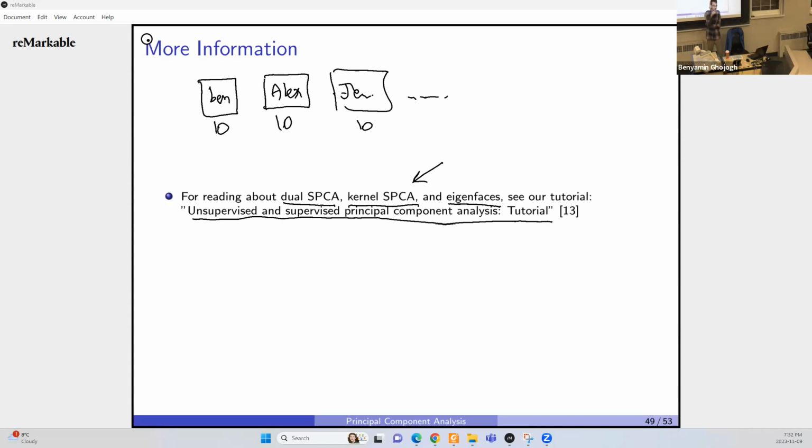Now, when I say 10 different images of Ben, they are maybe different poses, different variations of Ben, Alex, etc. Right? Then what do we do?